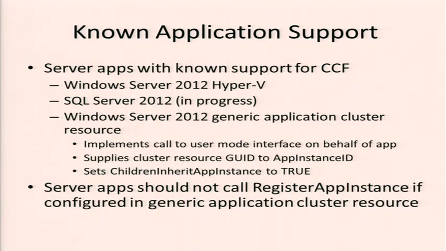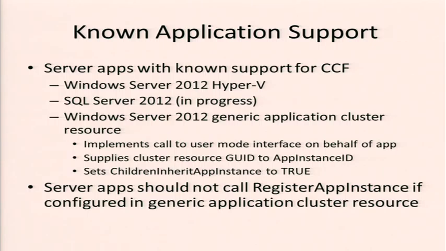And then the last piece is that for Windows Server 2012 specifically, when you have a cluster configuration, there is what we call a generic application cluster resource, which is a way to take almost, I wouldn't say arbitrary, but an application that doesn't have integrated support for a Windows cluster. You can put it in what we call a generic application cluster resource.